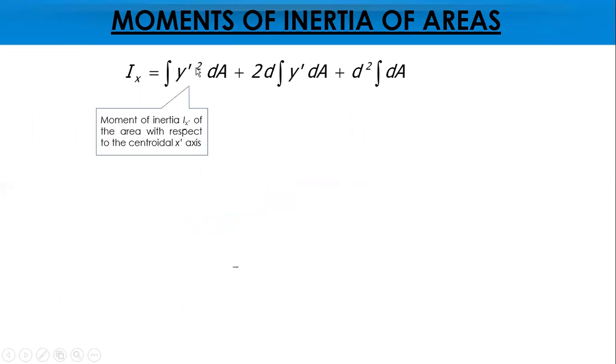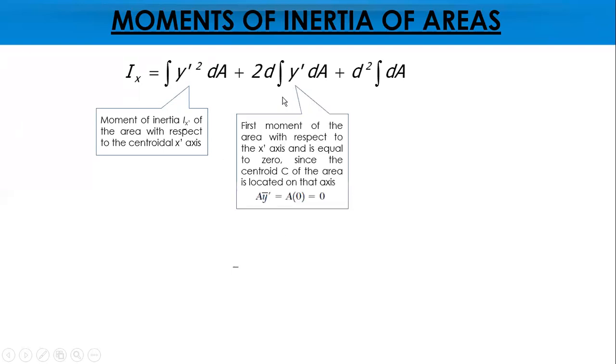Okay. So again, the first term is the moment of inertia with respect to the centroidal x-axis. The second term is, this is first moment of area. But then the reference is centroidal x-axis man. Therefore, if you sum up, the total is equal to 0. Like if you want to imagine a rectangle, every element above the neutral axis has a corresponding element below the neutral axis.